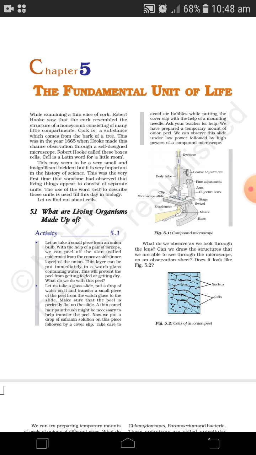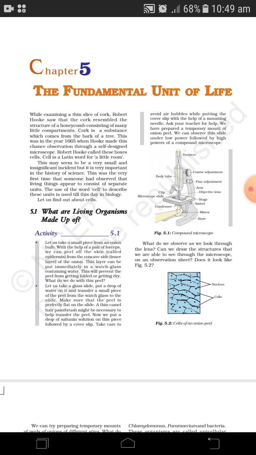He saw little boxes in that cork, so he called those boxes cells. Cell is a word that comes from a little room. So in this paragraph they are saying about these things only.